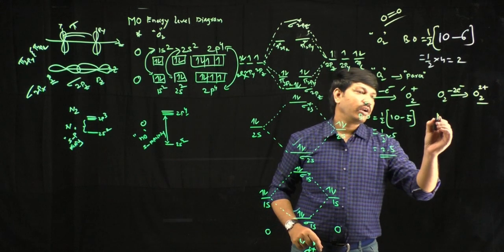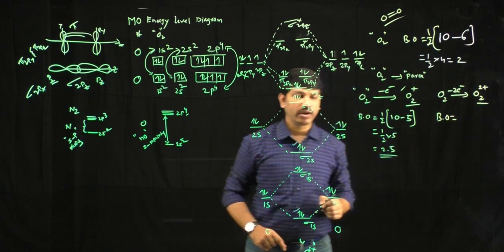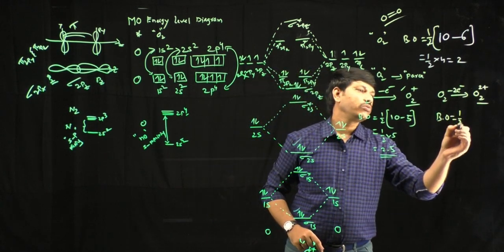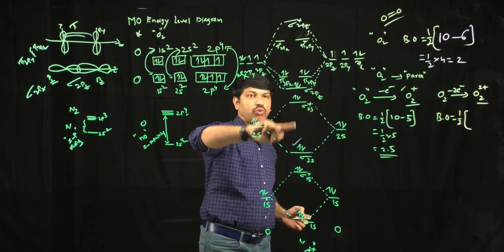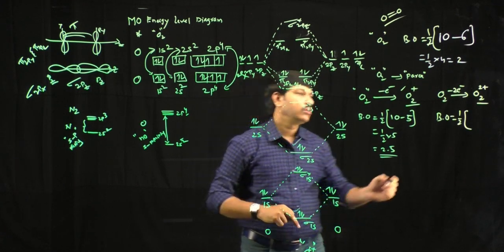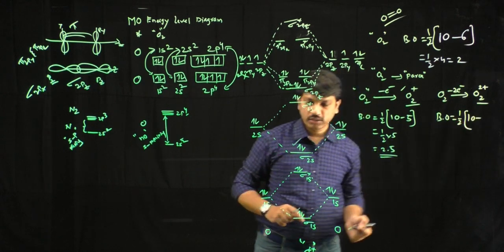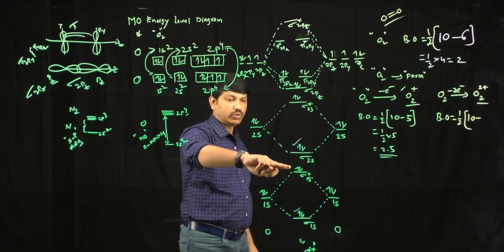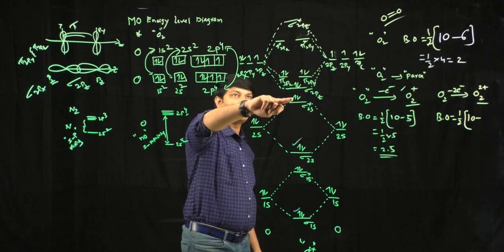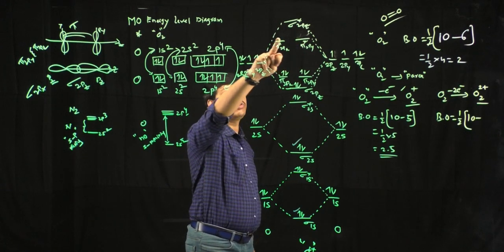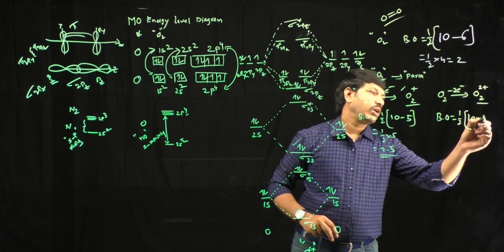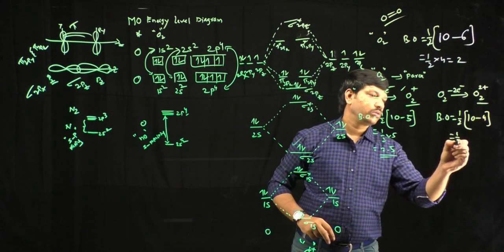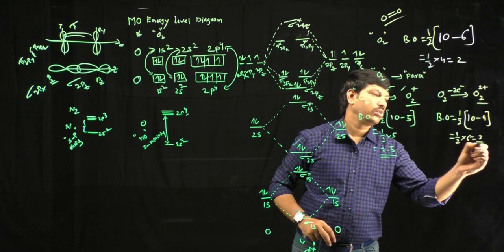Now we have to calculate the bond order value, again half times the number of bonding electrons, 2 plus 2, 4, 4 plus 6, 10, minus antibonding electrons, 2, 2 plus 2, 4. But here we don't have any electrons here, because that is O2 2+, that means we have only 4. So this is 3.